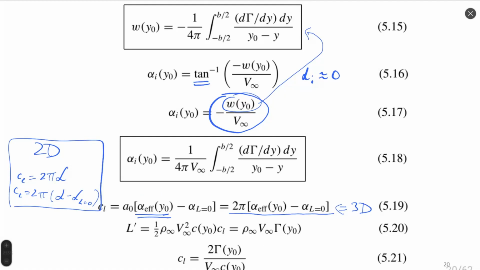Please do not calculate just with alpha your wings. Calculate induced angle of attack first, according to equation 18, and then subtract from geometrical alpha the induced angle of attack, and use this effective angle of attack for your calculation.